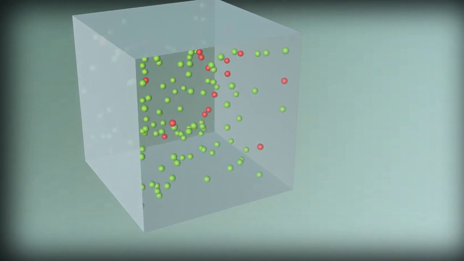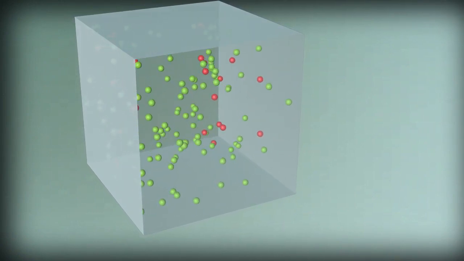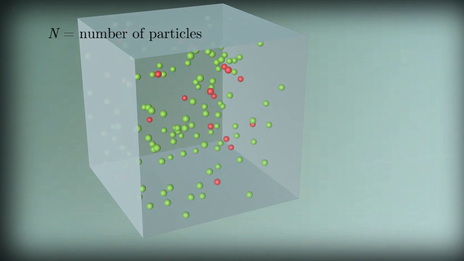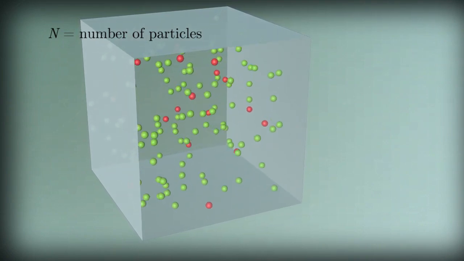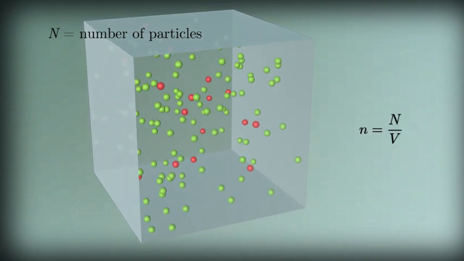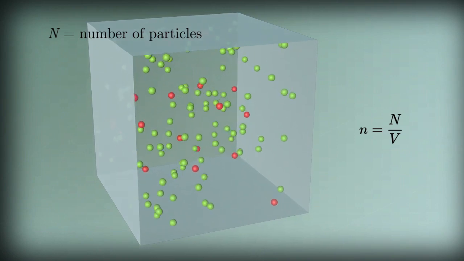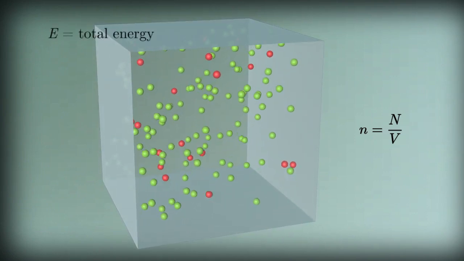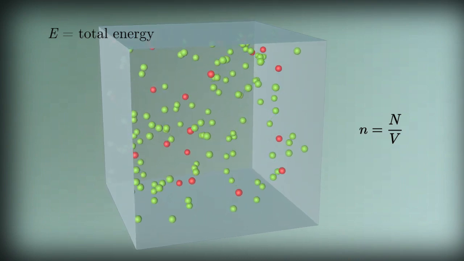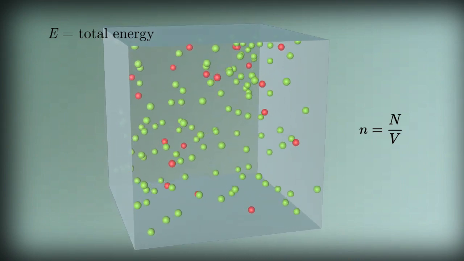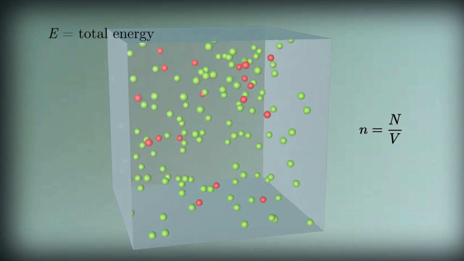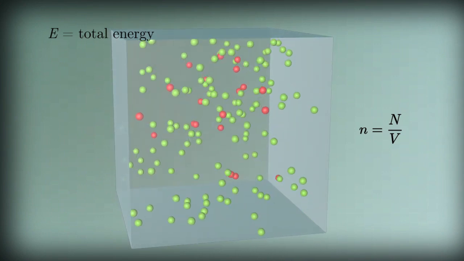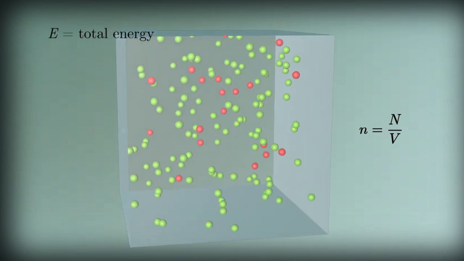Let's say our box has a volume V, and we fill it with a certain number of particles, capital N. We define the number density, little n, as the number per unit volume. And into the box, we inject a total energy of E. That'll be the sum of all the kinetic energies of all the particles, which is constant in time because the box is sealed up tight.